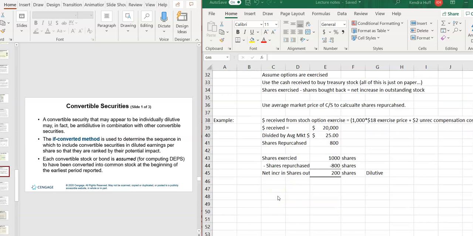Okay, for convertible securities, you use the if converted method.